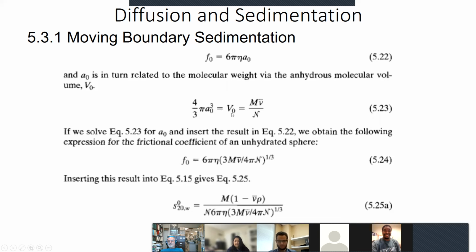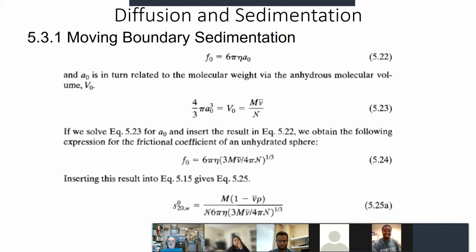The volume of a molecule can also be written as the molecular weight times the V bar of the molecule, how many milliliters per gram. So here's grams times milliliters per gram, divided by Avogadro's number. What that gives you is the volume of one molecule.